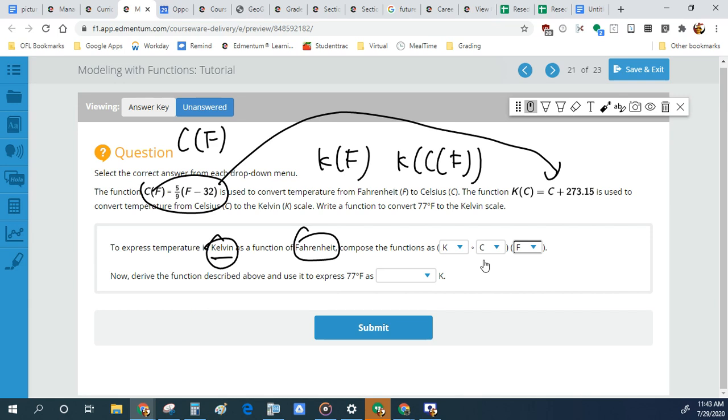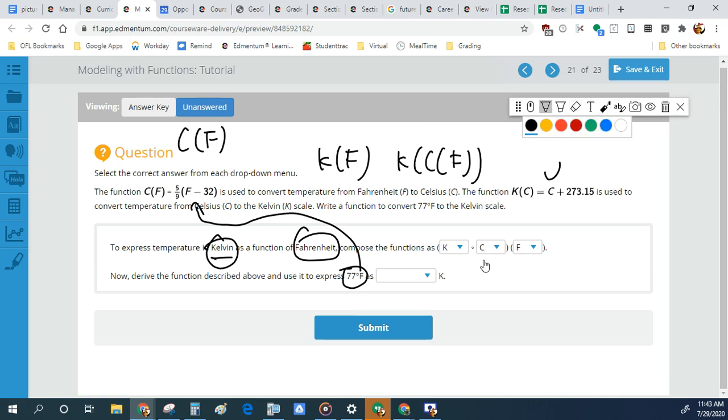So what we're going to do here is take this 70 degrees Fahrenheit and plug it in. So this goes into this function over here, right? It'd be 77 minus 32, right? Can someone do that for me on a calculator? 77 minus 32?